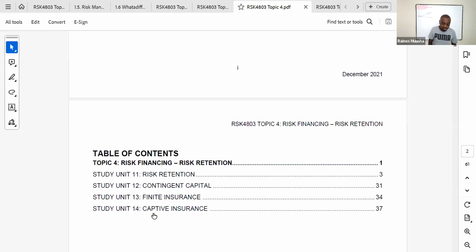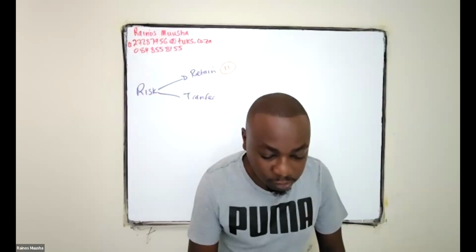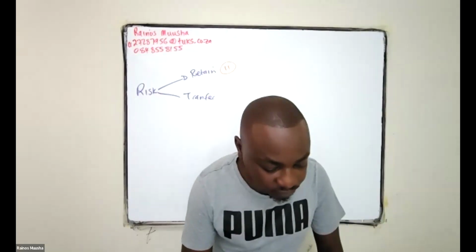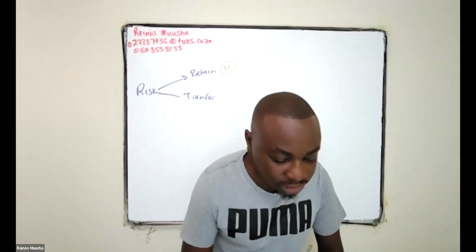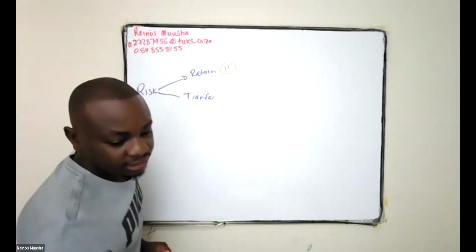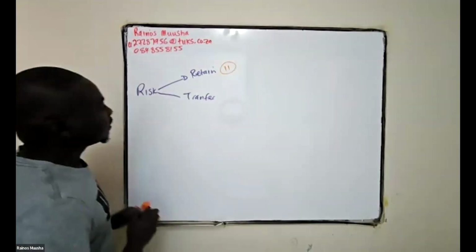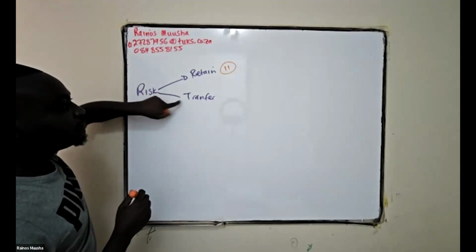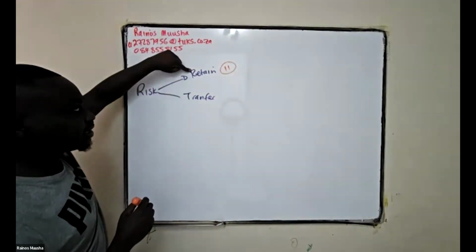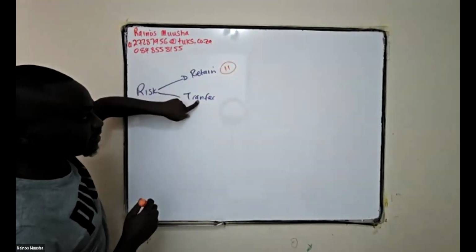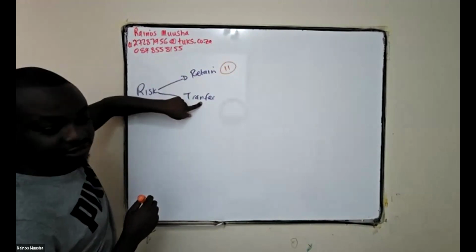Then when you look at study units 12, 13, and 14, these are what we call alternative risk transfer. When it comes to alternative risk transfer, we are saying that with their risk exposure, an individual can either retain the risk or transfer the risk, isn't it?